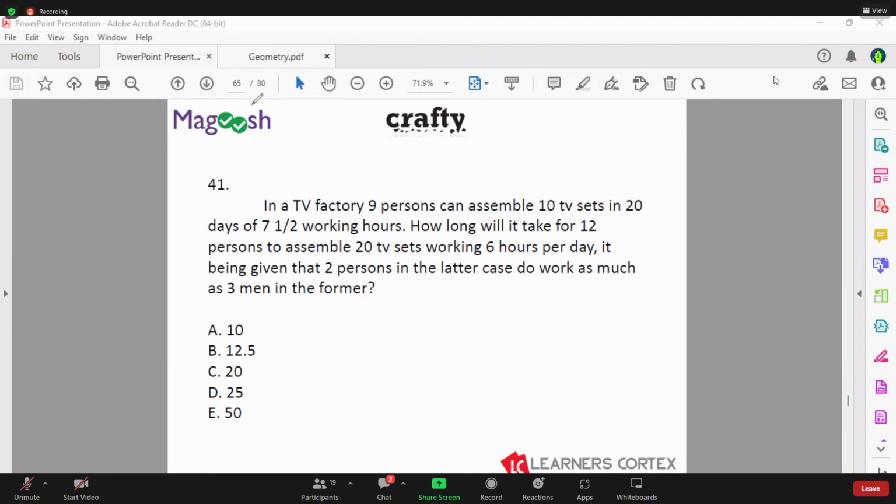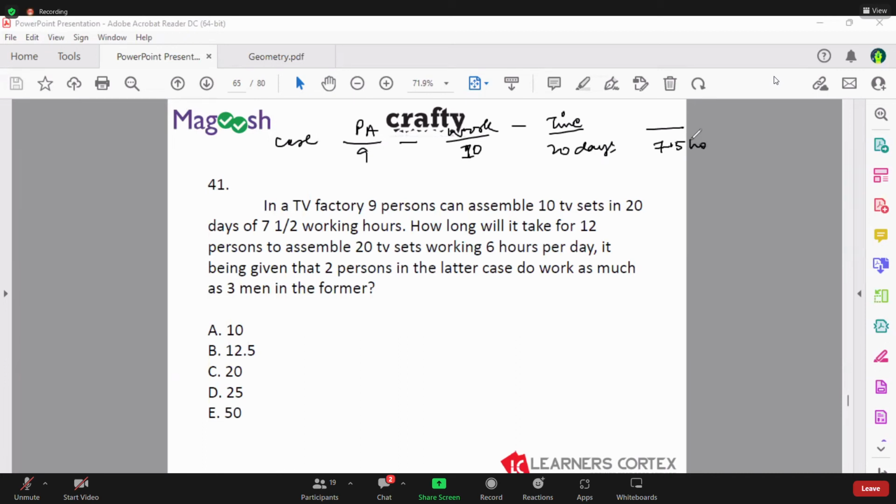Okay. Can you repeat once? Okay. So there are 2 cases given to us. The first case is that people from the first case, 9 people if we take, they make 10 TV sets. The time that they take is 20 days, and the number of hours that they're working per day is 7.5 hours.